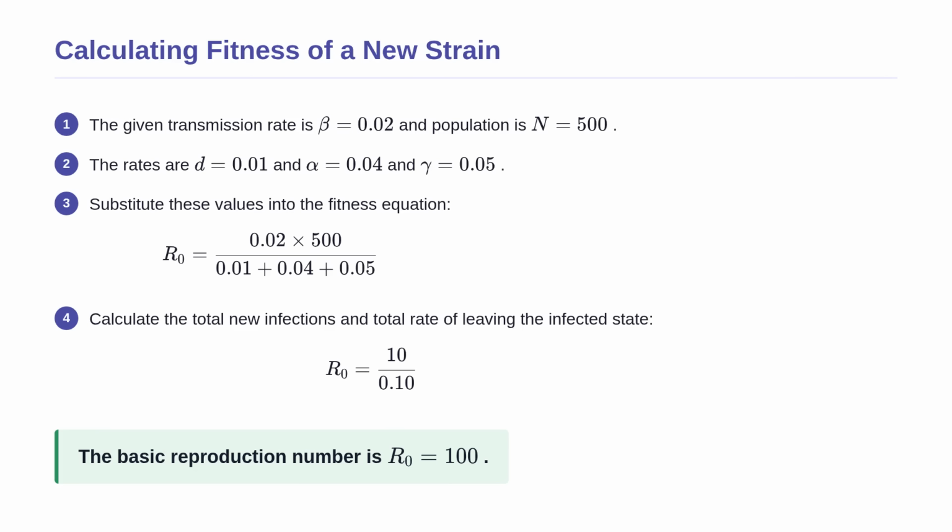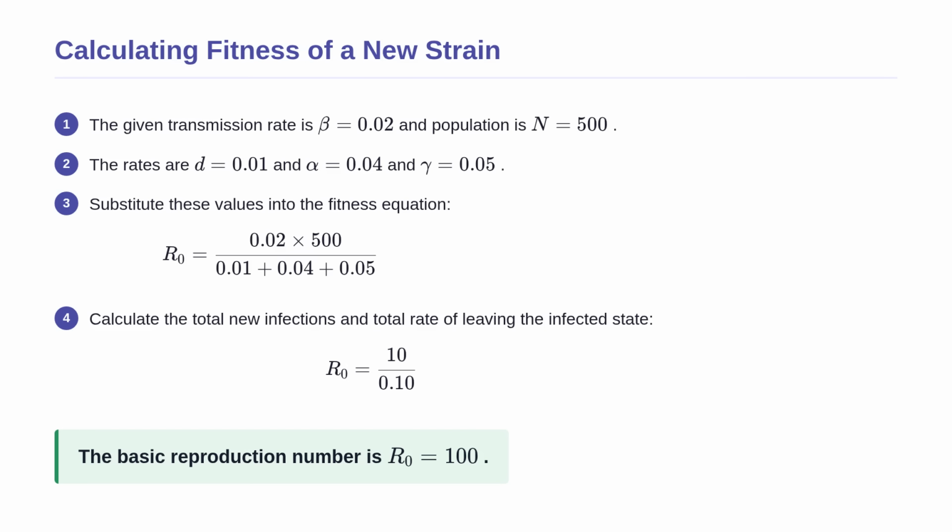Before we move on, let us see this formula in action with a concrete example. Imagine a population of 500 wild rabbits infected by a parasitic mite. A new mutation creates a strain with a transmission rate of 0.02 per day. The natural death rate is 0.01, the virulence is 0.04, and the recovery rate is 0.05.